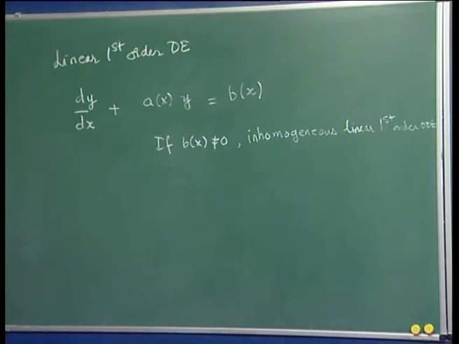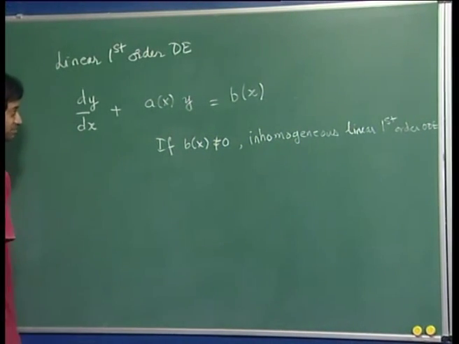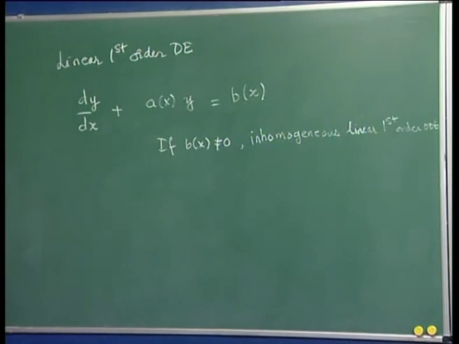Okay. Now the question is, how will we solve this? So in order to solve this, we can use the method of integrating factors, and you can go through the details and work out the solutions. Okay.